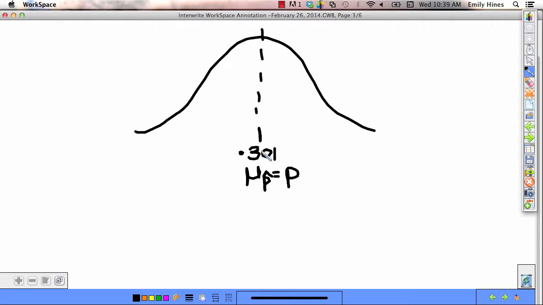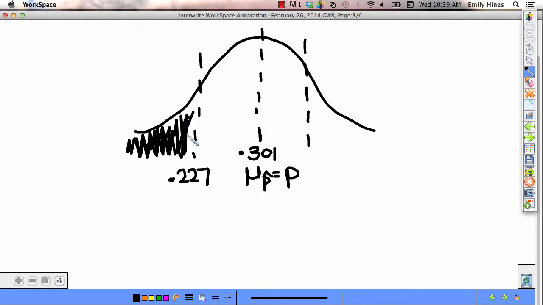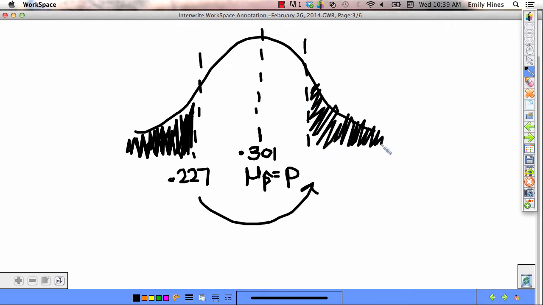What is the probability that I would get one that is as different from this as the 0.227 that I got? So in addition to looking at the probability that I'm going to get something less than that, I need to look at the probability that I'm going to get greater than the equivalent on the other side too, because I just wanted to know if it was not equal to. So that includes both less than and greater than.